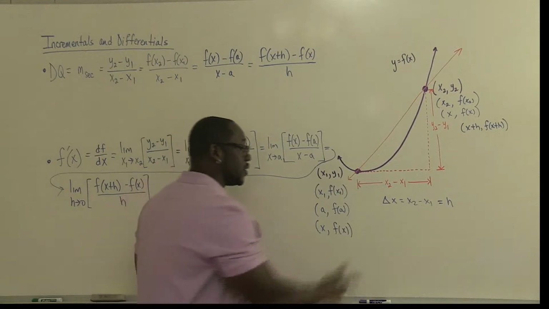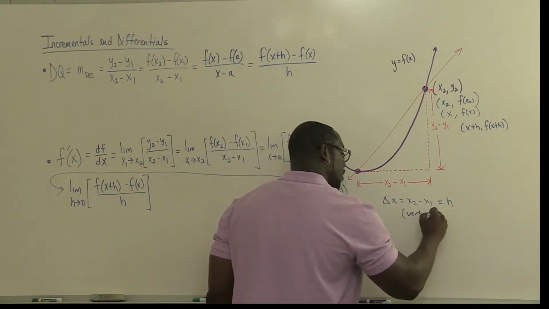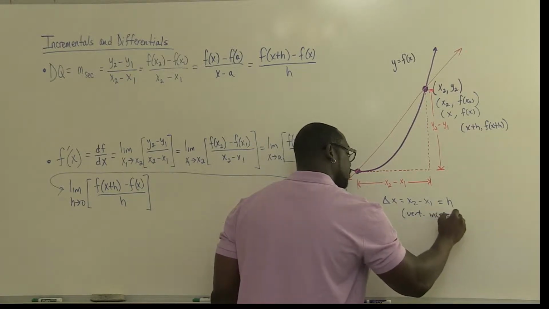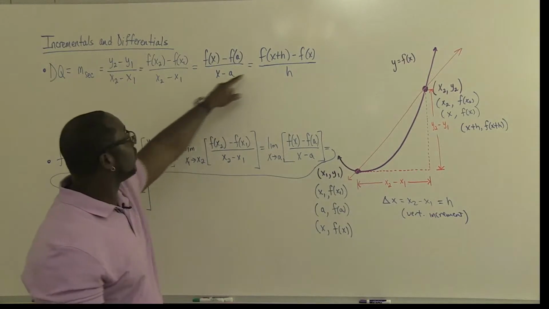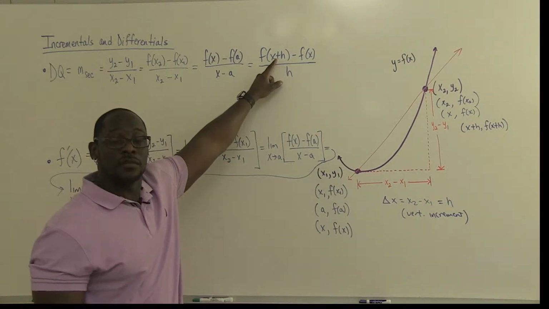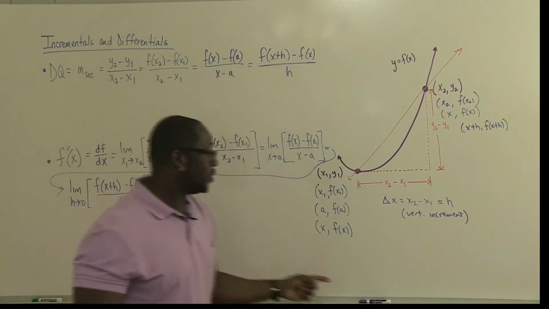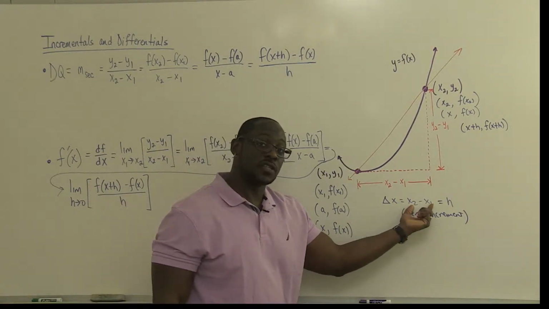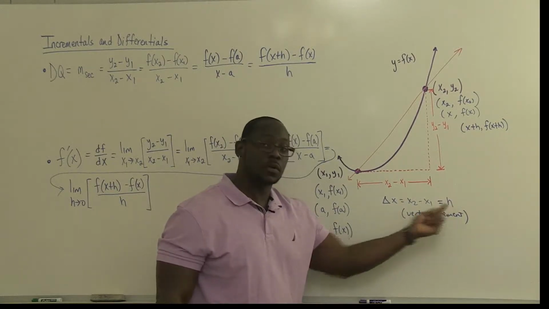Okay. So here, this is what we've seen before when we started studying the difference quotient and the limit of the difference quotient, just the h here. So we could express it as x2 minus x1 or change in x or just h.